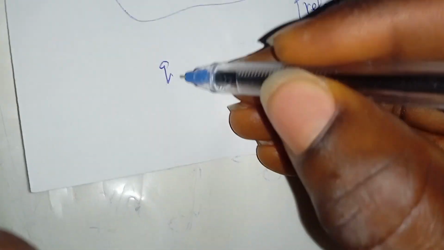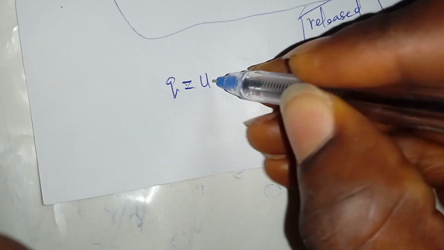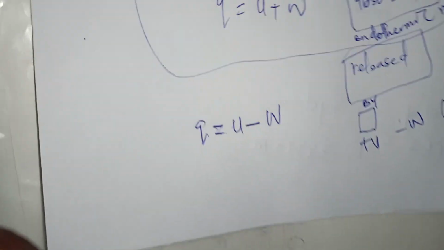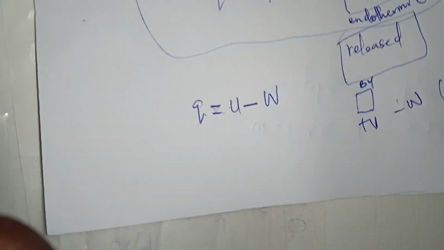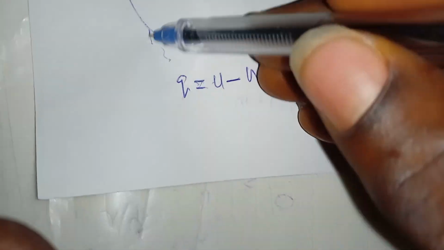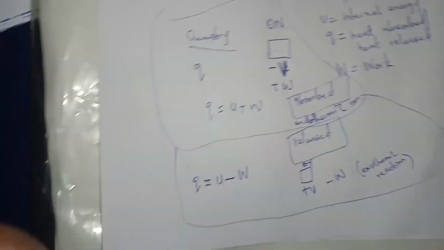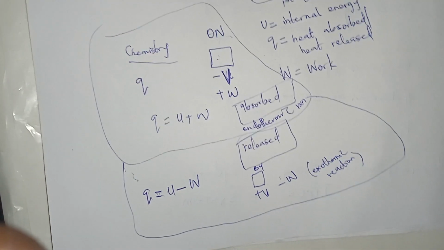So the equation for heat released will be Q equals U minus W. Do you understand? This will now be the equation when work is done by the system. This is the viewpoint of the chemist, for chemistry.